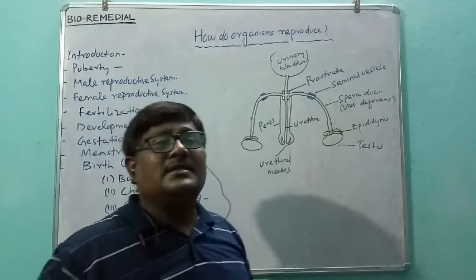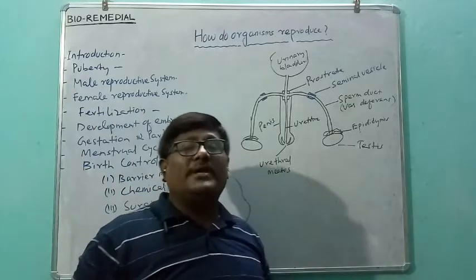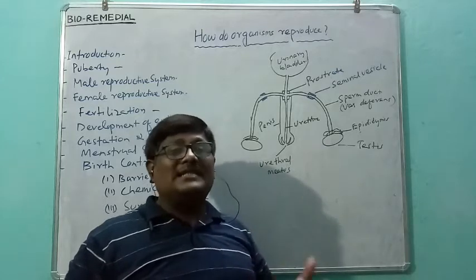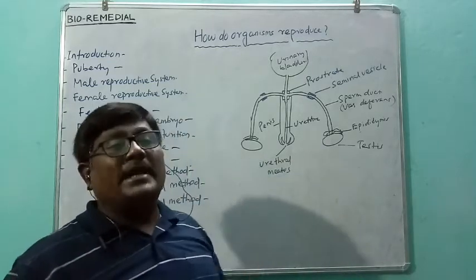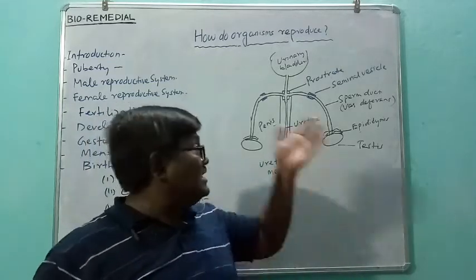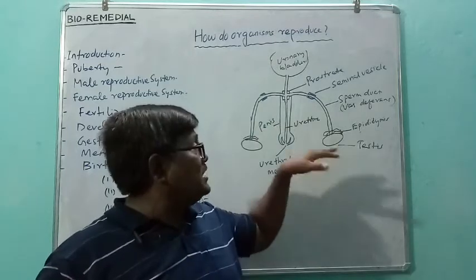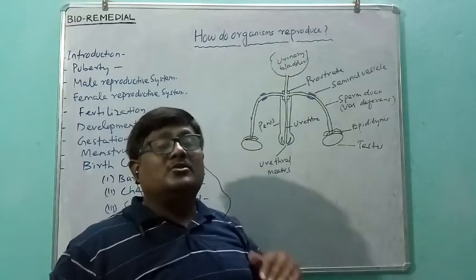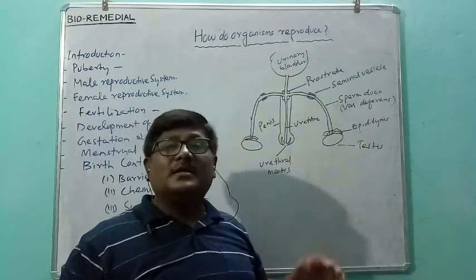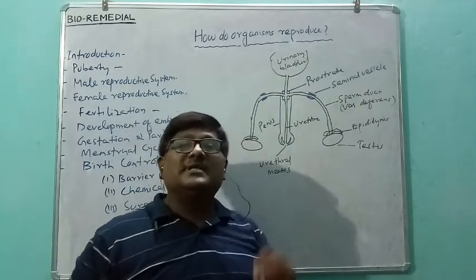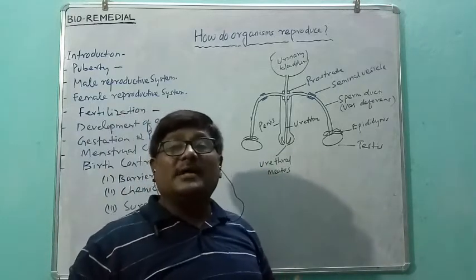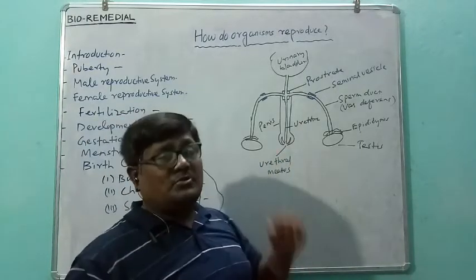They release some alkaline liquid that contains some nutrients along with enzymes, which provide nutrition to the sperms during transit. When sperms are released from the epididymis, up to fertilization the sperms will remain in transit. So during transit sperms need some nutrition. That nutrition they get from the liquid released by the seminal vesicles as well as the prostate.